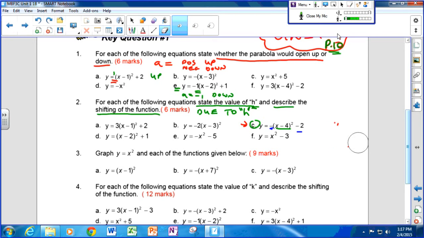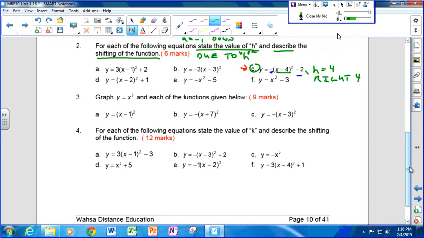Well, anyway, let's try this again. So h equals 4. And then let's just say right 4. That's it. That's all you have to say for question C right there. So you give those a try then.